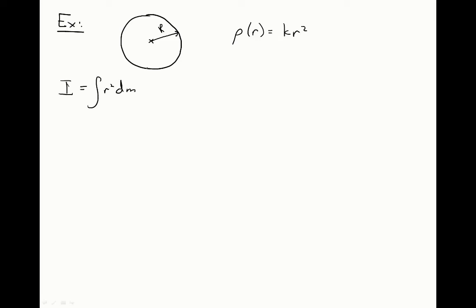Now we're using cylindrical coordinates now, so we are going to leave this as r. We need to integrate over r though. R is going to go from 0 to big R. So dm needs to be in terms of r. So how can we do that? Well, because we're integrating over little r, that means we're integrating little bitty circles all the way around.